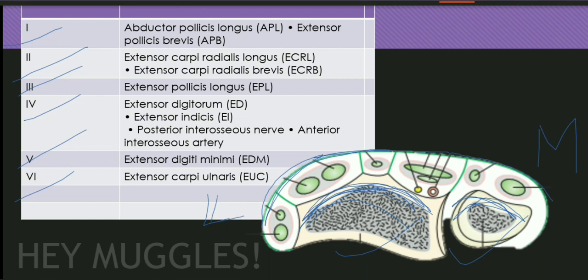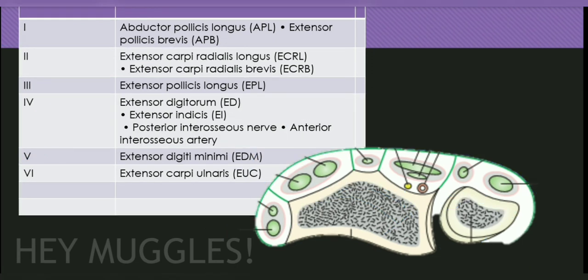In the first compartment we have abductor pollicis longus and extensor pollicis brevis. In the second compartment we have extensor carpi radialis longus and extensor carpi radialis brevis. Then we have extensor pollicis longus in the third compartment.